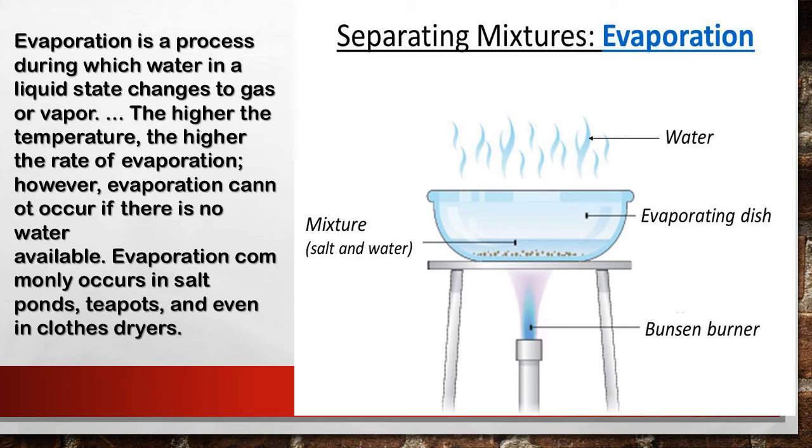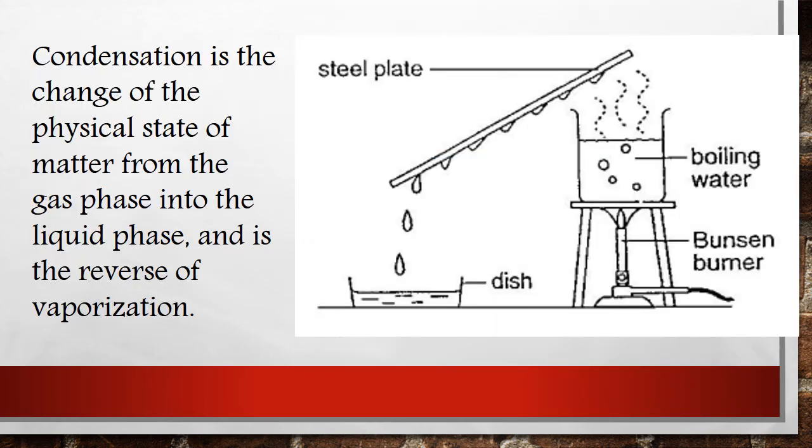The next process we are going to discuss is condensation. It is the process in which water vapors convert back to liquid form, or we can say it is just the opposite or reverse of evaporation.